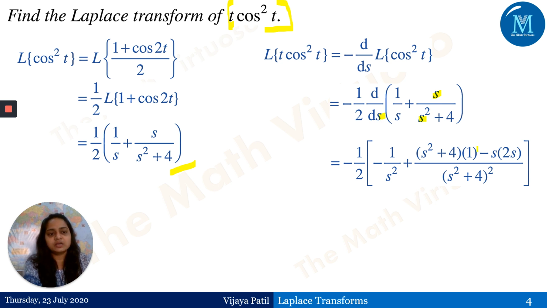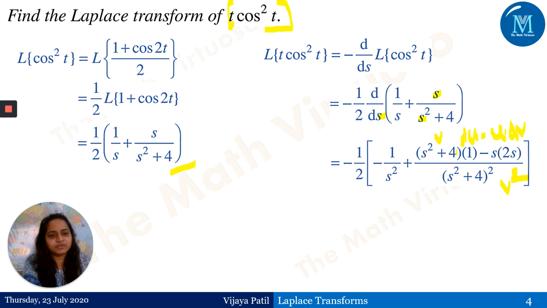Therefore we have to use the u by v formula. So what is it? It is v into differentiation of u, minus u into differentiation of v, divided by v square.